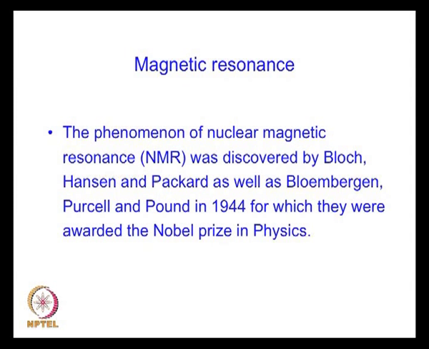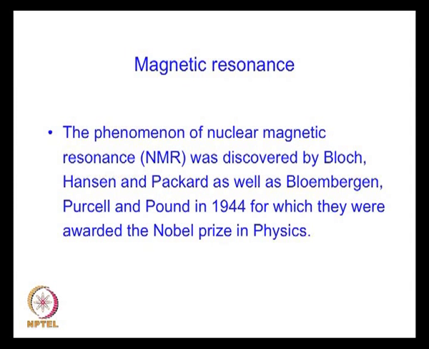The phenomenon of magnetic resonance can take place both in the nuclear spin system as well as in the electron spin system of atoms and molecules. The phenomenon of nuclear magnetic resonance, for short called NMR, was discovered independently by two sets of people in 1944.